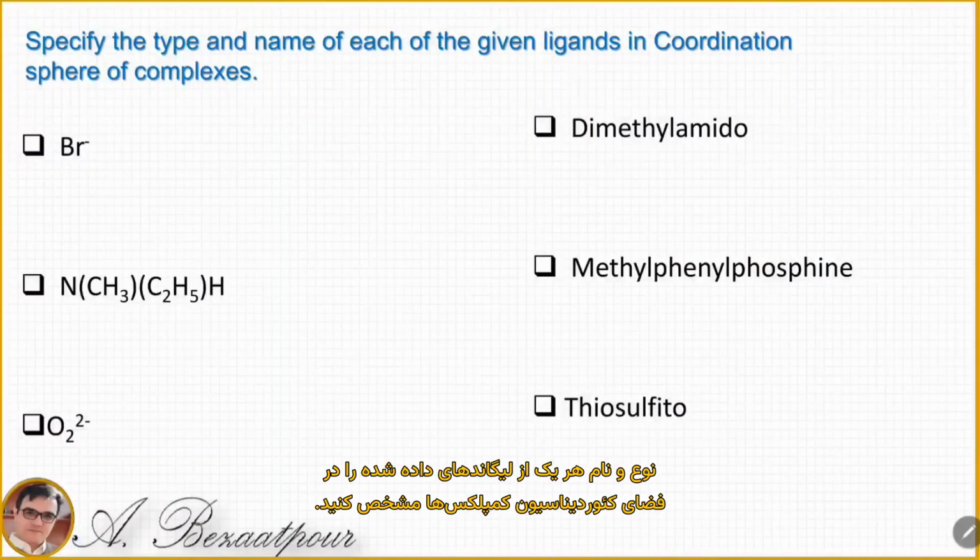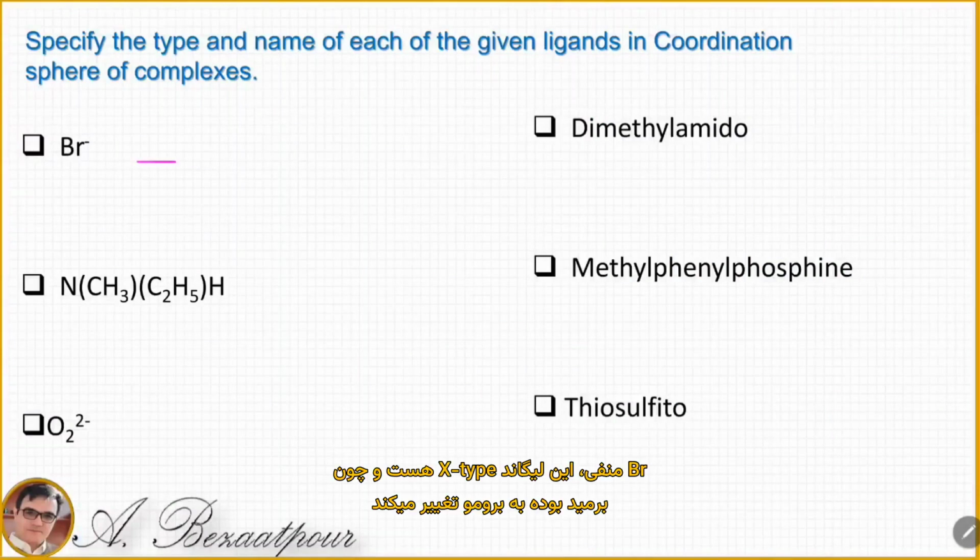Now the type and name of each of the given ligands in the coordination sphere of complexes. Br minus is an X type of ligand, and Br minus is bromide, so I change it to bromo.